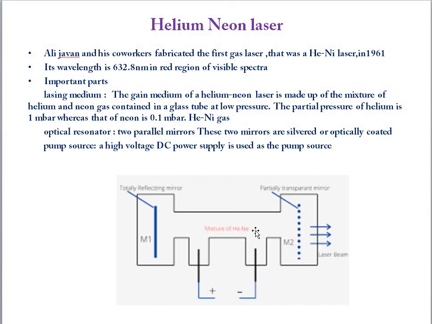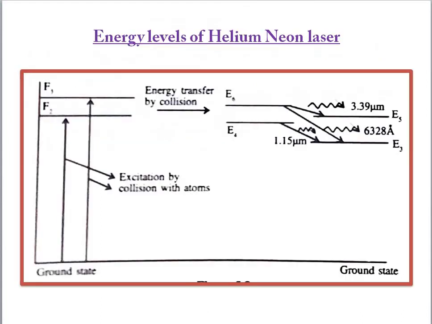The energetic electrons collide with helium atoms and excite them into a higher energy level. In this process, the discharge takes place and the electrons collide with the helium atoms, and as a result the electrons of helium are excited to the higher energy level.